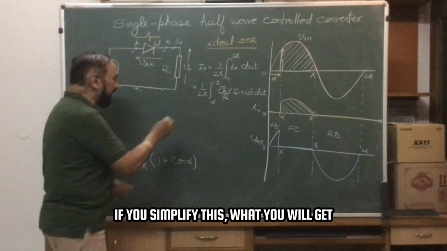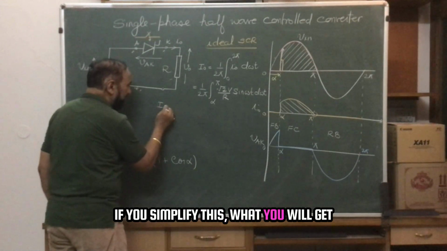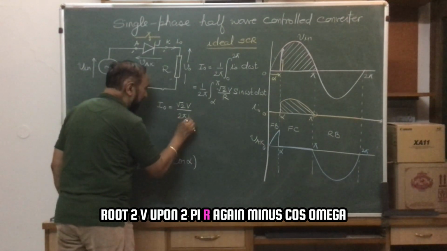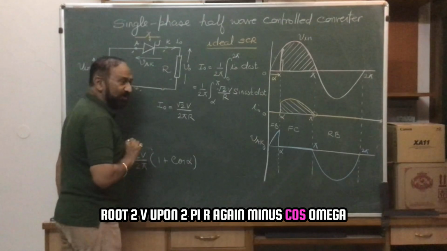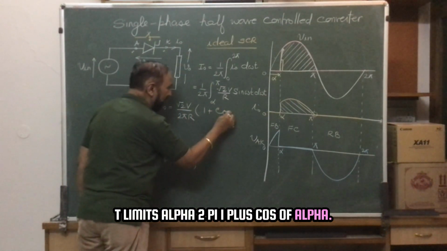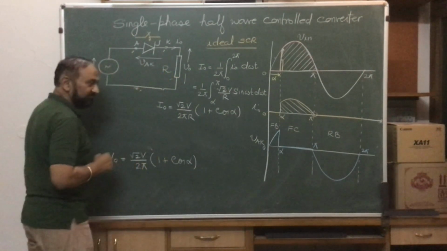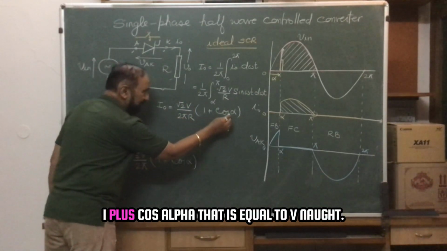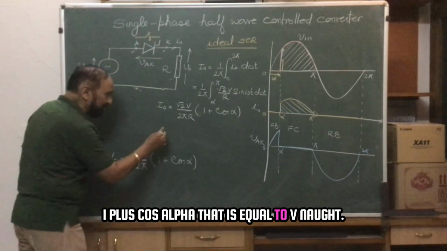If you simplify this, what you will get? Root 2 V upon 2 pi R, again minus cos omega t, limits alpha to pi, 1 plus cos of alpha. If you look at this portion, root 2 V upon 2 pi, 1 plus cos alpha, that is equal to V naught.